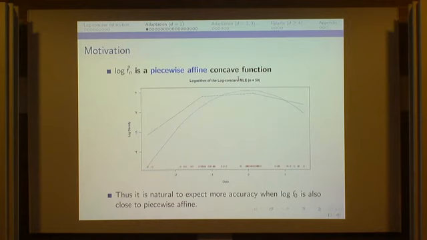Since we know that the log of the MLE is a piecewise affine concave function, we can expect that if our true density itself is close to this shape, then maybe we will get better accuracy from our estimator. That is called the adaptive property of the estimator. We just use the MLE, the same estimator all the way through, and we know that in the worst case we will get some rate of convergence.